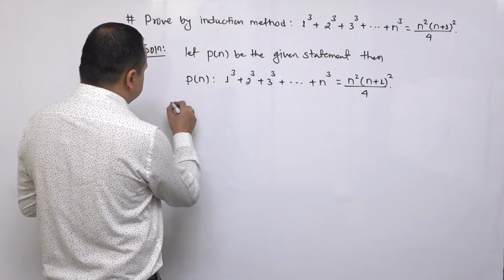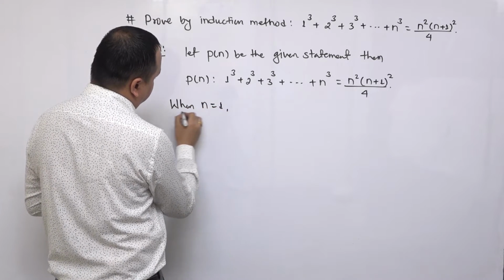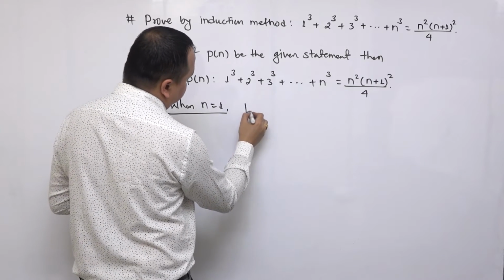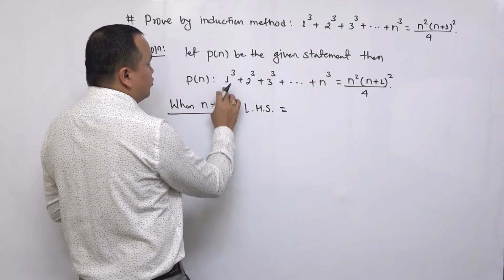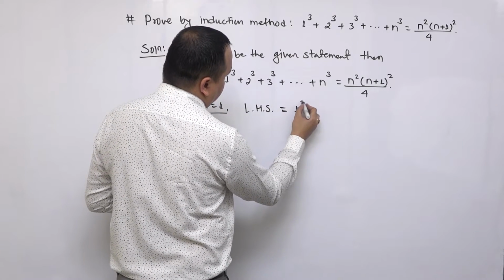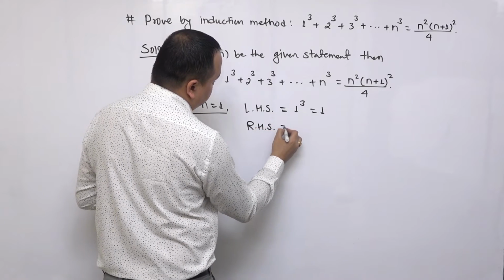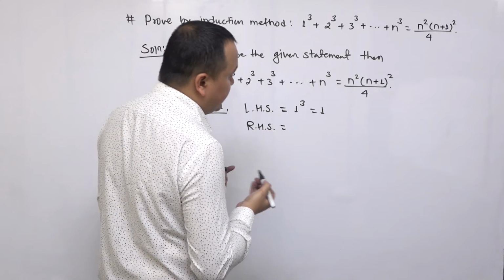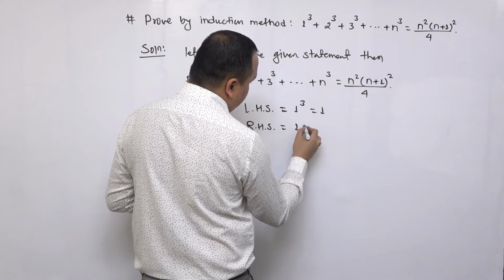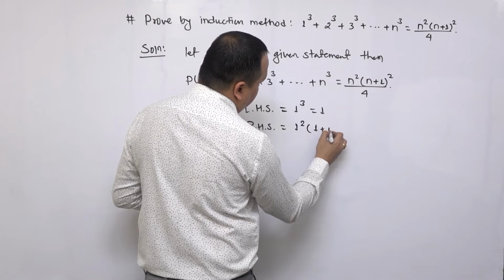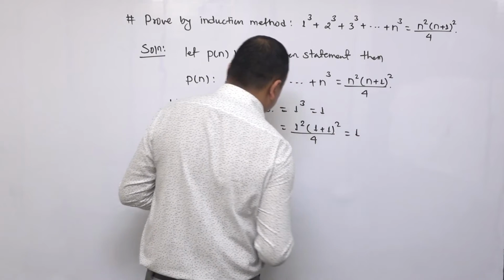When n is equal to 1, the left hand side, which is 1 cube, is 1. Right hand side, put n is equal to 1: 1 square times 1 plus 1 whole square divided by 4, which is again 1.